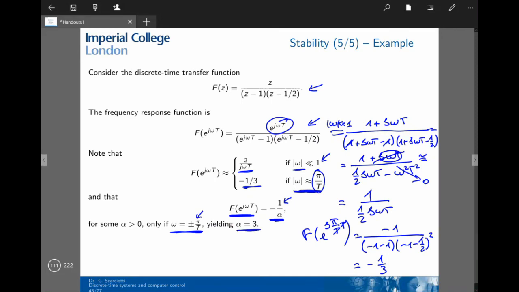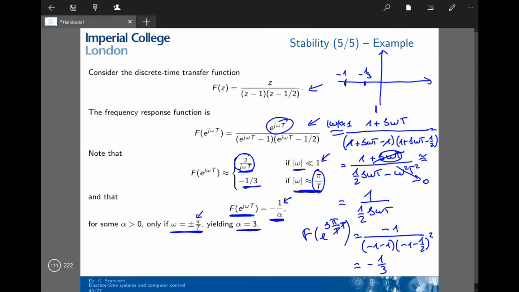Okay. So this is telling us that if we do an approximation of our diagram and we have the point minus 1 over here, then we have the point minus 1 over 3 over here. We know that for very small omegas, the value of the diagram is more or less this guy over here. So the real part of this is 0, and the phase of this is minus 90 degrees because there is 1 over j.